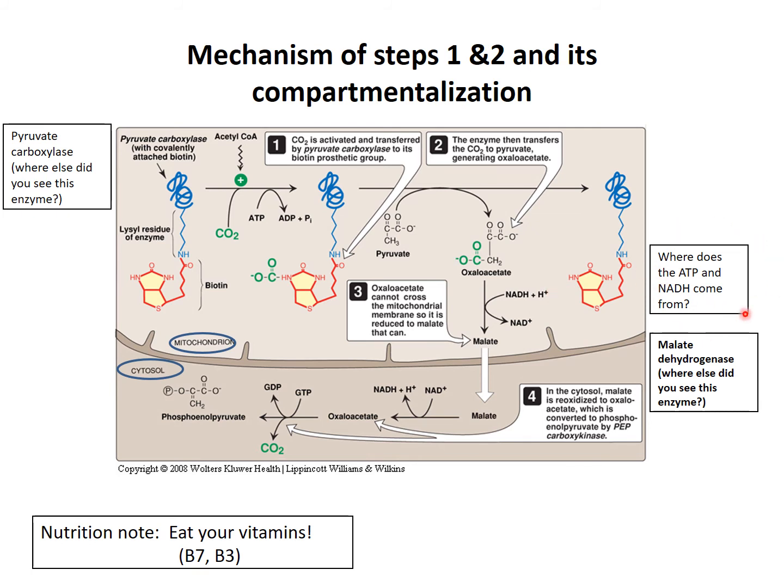Where does the ATP and NADH come from that we need here? So you see we need ATP for the pyruvate carboxylase enzyme to bind this carbon dioxide to the enzyme through biotin, and we need NADH to reduce oxaloacetate to malate. Did you guess?